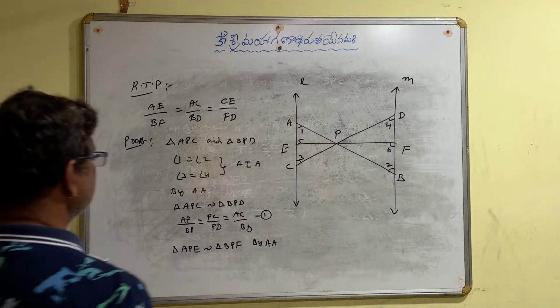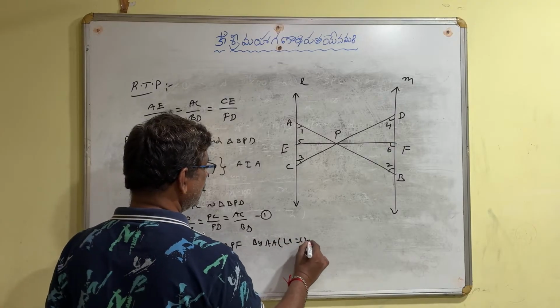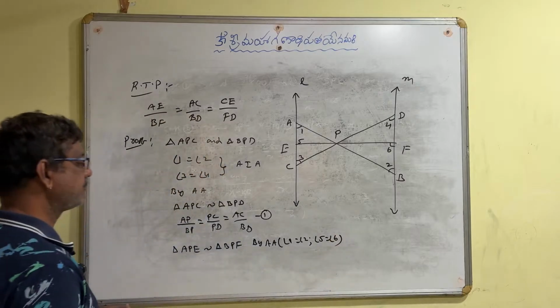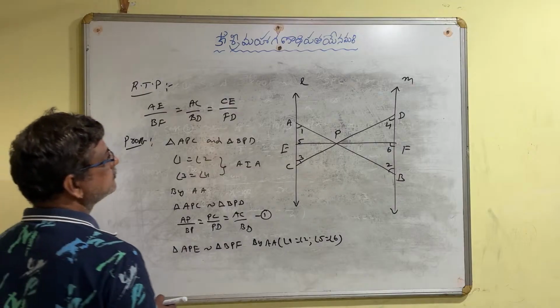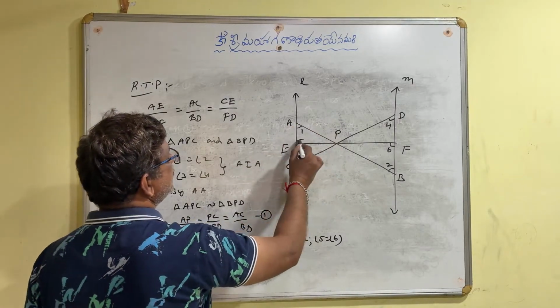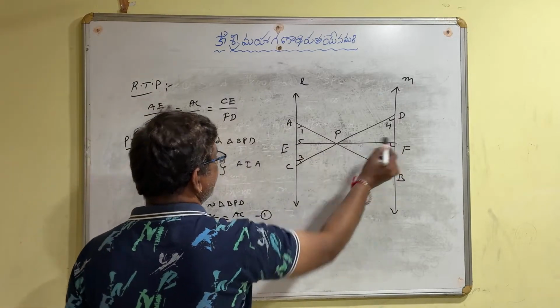Now, what ratios will we get? APE similar to BPF.